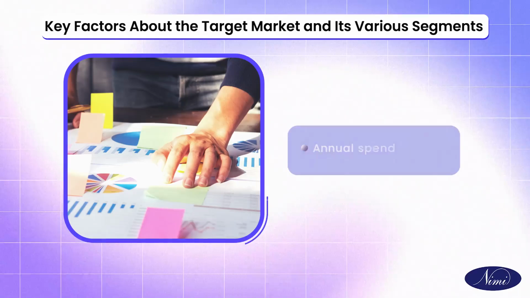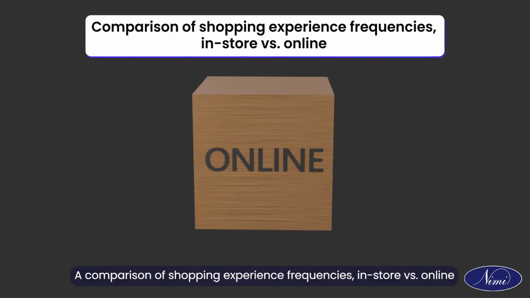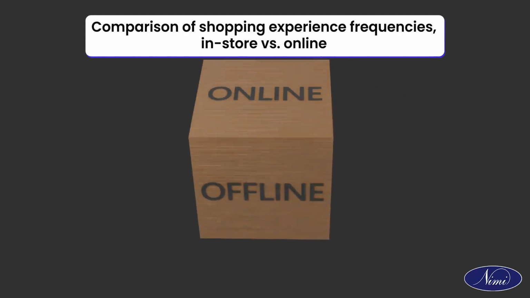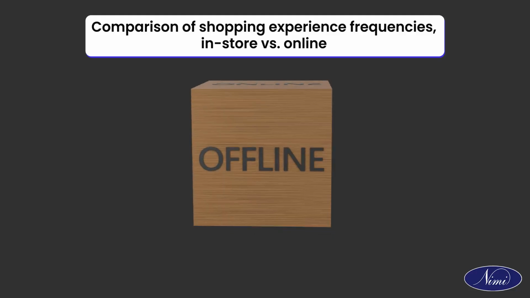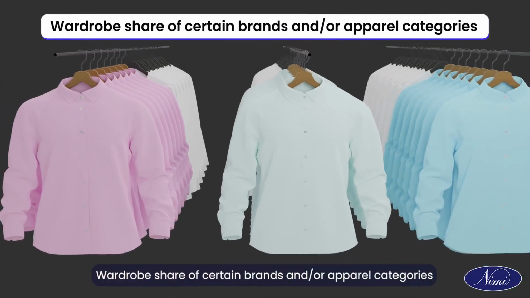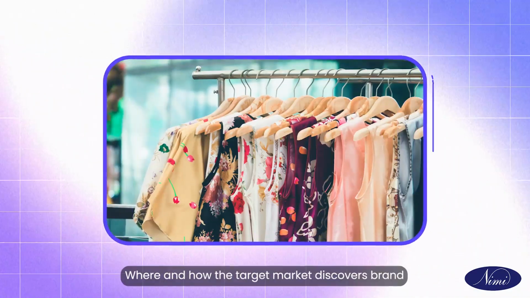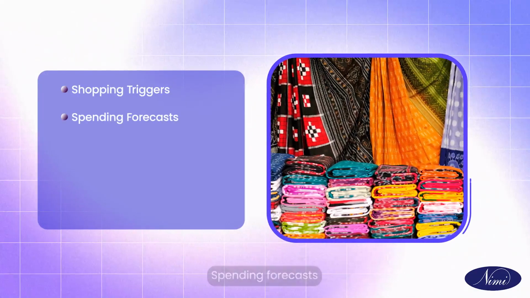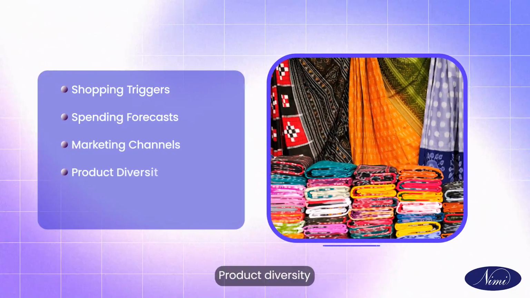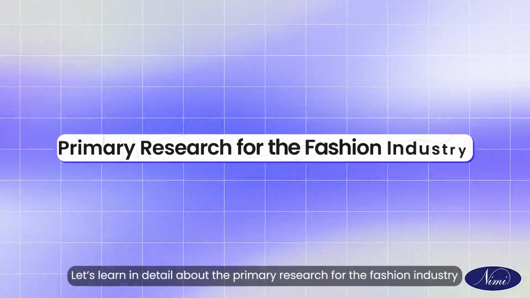These include annual spend on fashion, a comparison of shopping experience frequencies in-store versus online, wardrobe share of certain brands and/or apparel categories, where and how the target market discovers brand, shopping triggers, spending forecasts, marketing channels, product diversity, how in-demand products or brands are. Let's learn in detail about the primary research for the fashion industry.